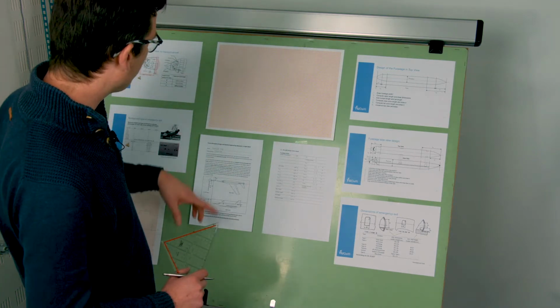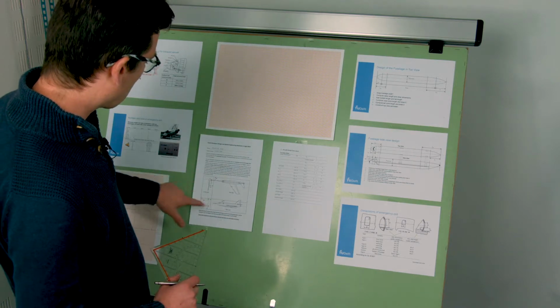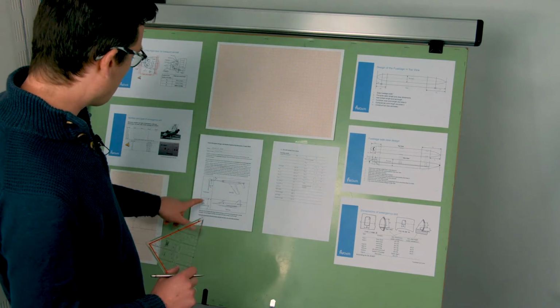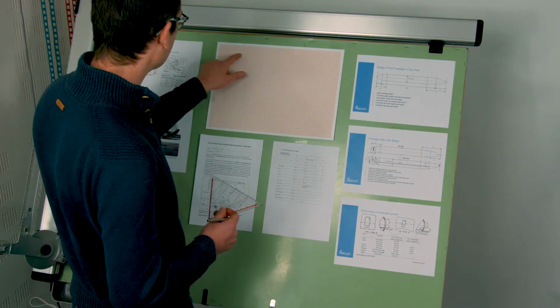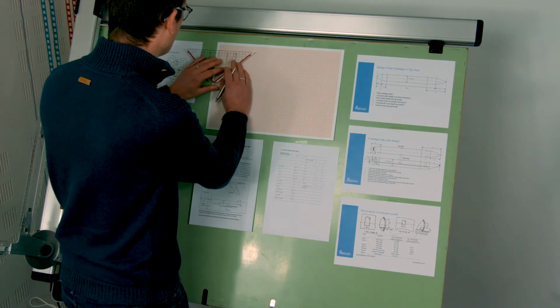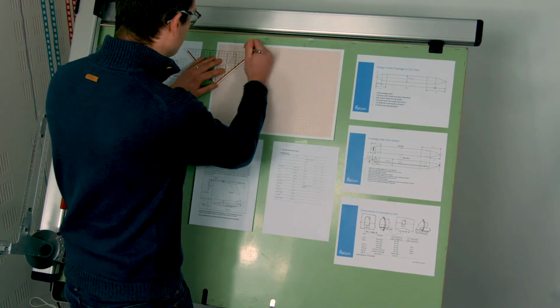And in order to make that fit, I need to divide my canvas into these boxes, and it says here that I need to be 90 millimeters from the side. So the first thing I'm going to do to mark off that box is to mark off 90 millimeters here.